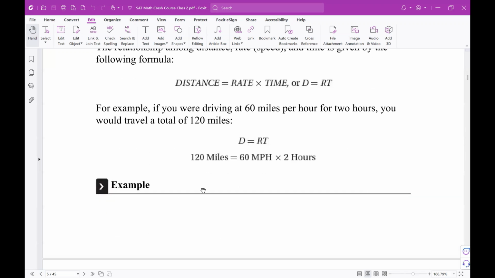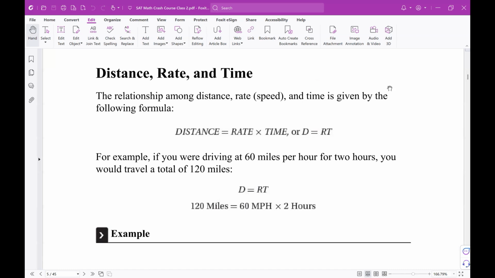Okay, so just consider this as a formula that is distance equals rate into time, d equals rt. For an example, if you're driving at 60 miles per hour for 2 hours, you would travel a total of 120 miles. 60 miles per hour is nothing but the rate.